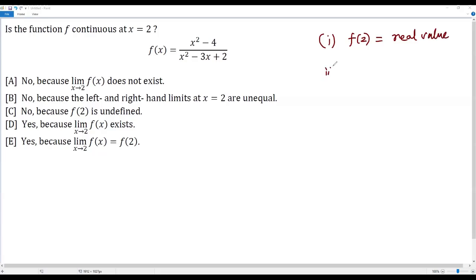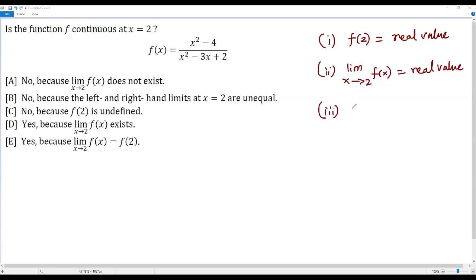And the second condition: I have to evaluate the ordinary limit, or two-sided limit, at x equals 2. That is, the limit as x tends to 2 of f of x. So this one also must be a real value. The third condition is that the results we got in step 1 and step 2 must be equal.